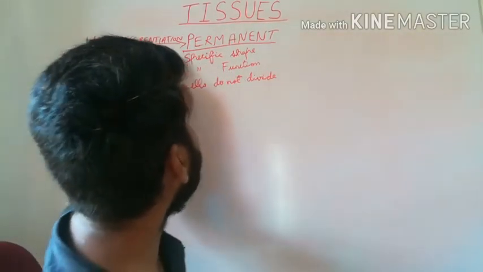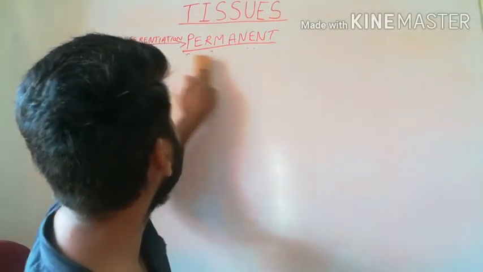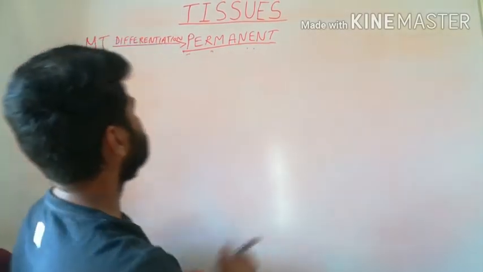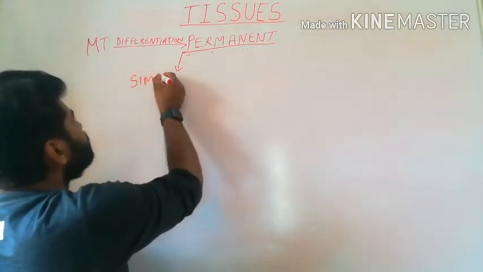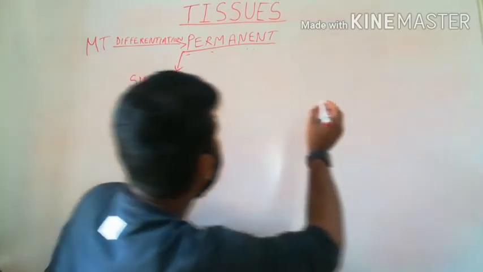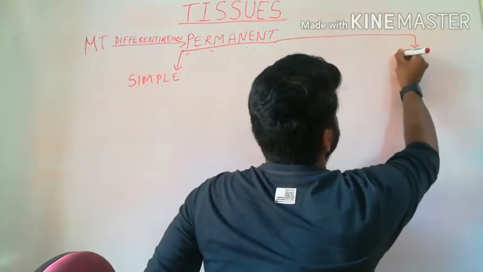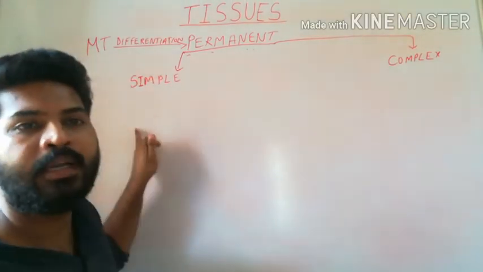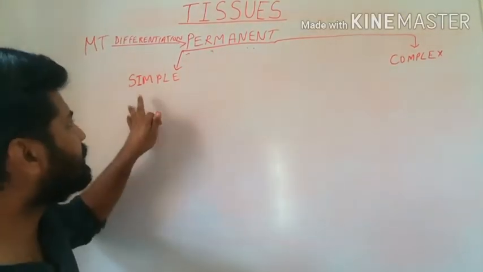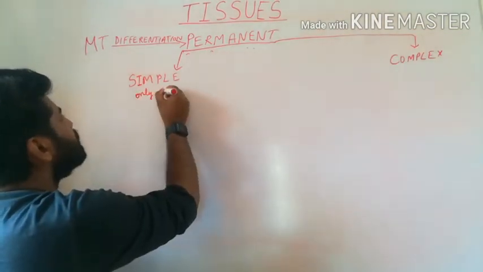We can classify the permanent tissue into two types: simple permanent tissue and complex permanent tissue. This is called simple permanent tissue because these tissues are made up of only one type of cells.